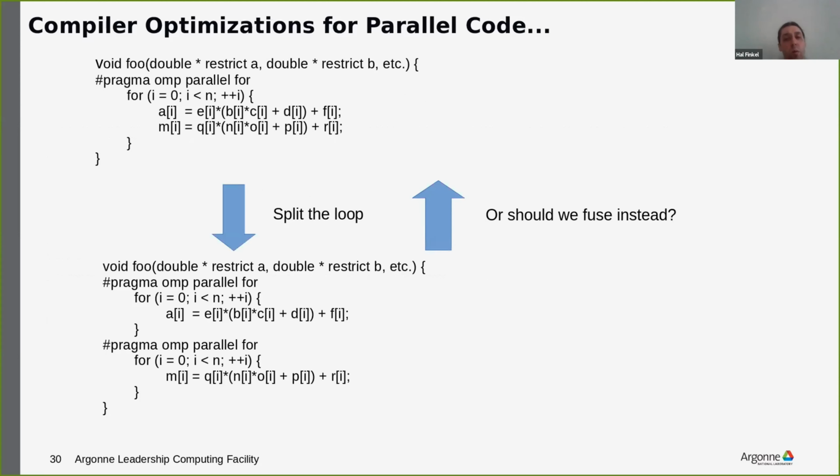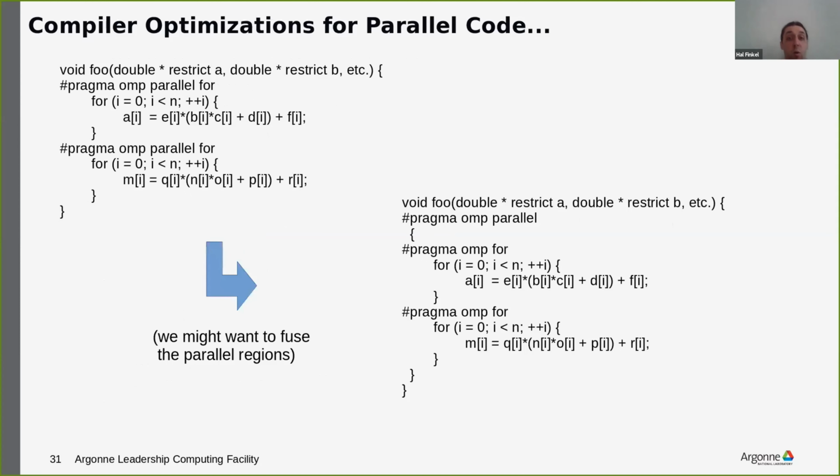And so one of the things that we've been working on is compiler technology that can remove some of these abstraction penalties and allow the compiler to use its knowledge of the targeted architecture in order to optimize the parallel constructs inside of code. And you can see here there are various options. So for instance, one thing that might happen is a compiler might want to combine or split loops inside of parallel regions or the parallel regions themselves.